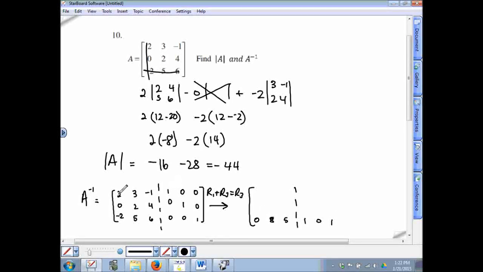At the same time, this should be a 1 right here. So I'm going to take 1/2 times row 1, and that's going to equal row 1. So 1/2 of each of these values, that's going to give me 1, 3 halves, negative 1/2, 1/2, 0, 0. Row 2, that's a 3. Row 2 stays the same.